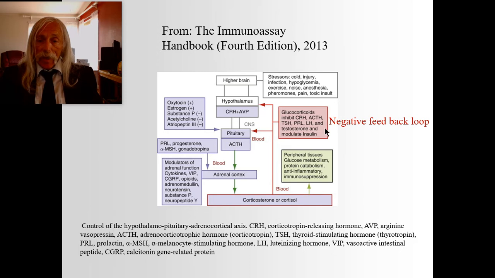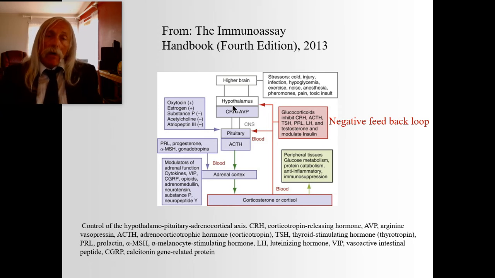At the same time, there's a negative feedback loop, right? So all of these glucocorticoids inhibit the CRH, the ACTH, the TSH, the PRL, the LH, and testosterone, and they also modulate insulin, way up at the beginning of this arc, way up at the hypothalamus. So you can see what can trigger at the pituitary. Oxytocin, estrogen are positive.